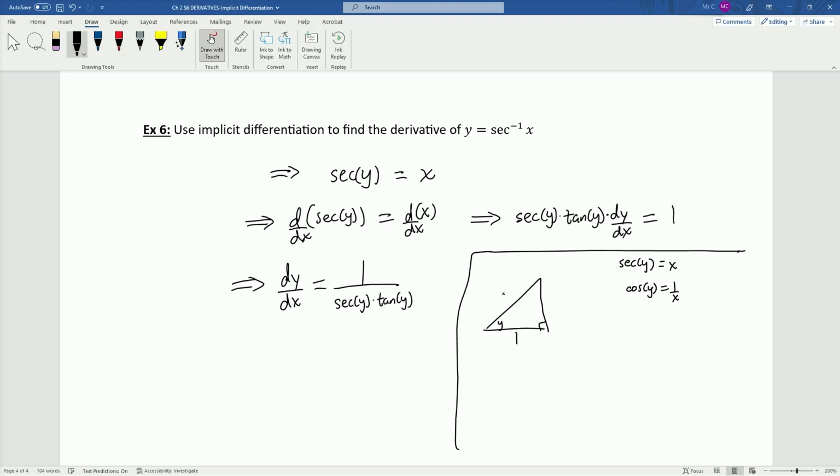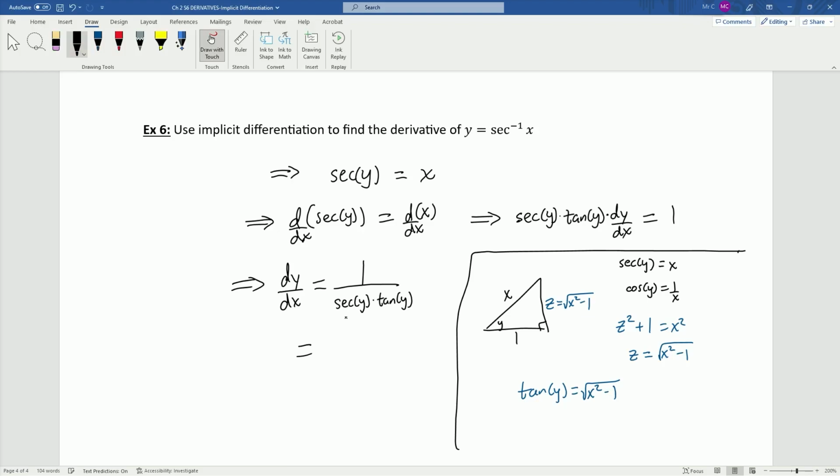So that's adjacent over hypotenuse. And so if I solve for this other side, z squared plus 1 squared equals x squared, I get z equals the square root of x squared minus 1. So that tells me that tangent of y is equal to opposite over adjacent, which is just the square root of x squared minus 1.